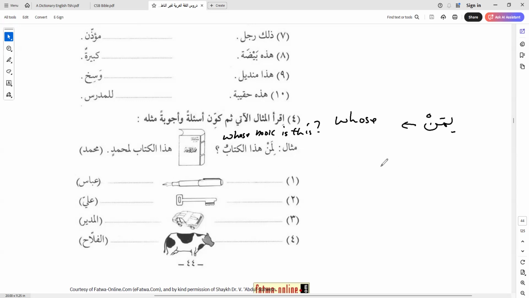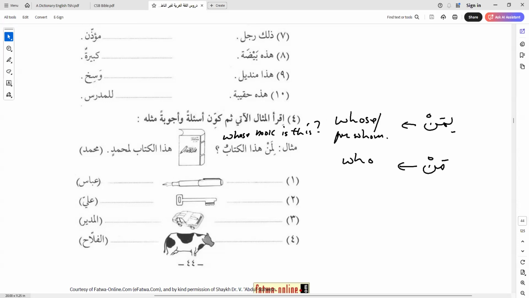Liman means whose, and man means who. Or liman can be for whom in some cases.